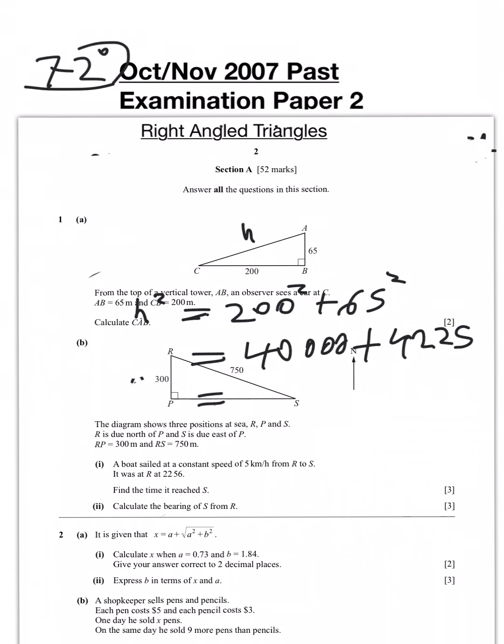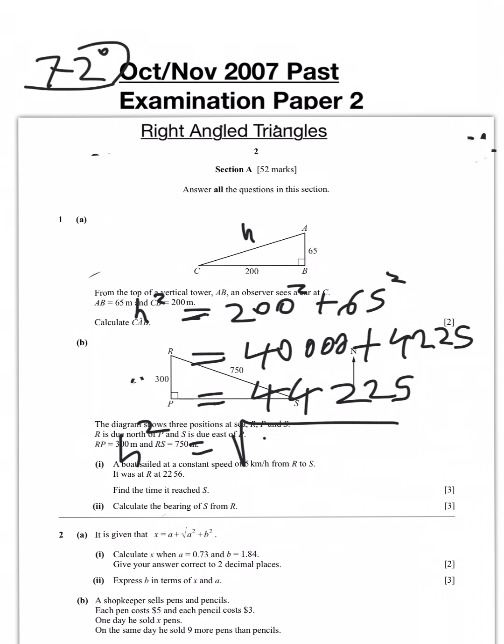Adding it together, we get 44,225. Then what is the square root of that, in order for us to find h?